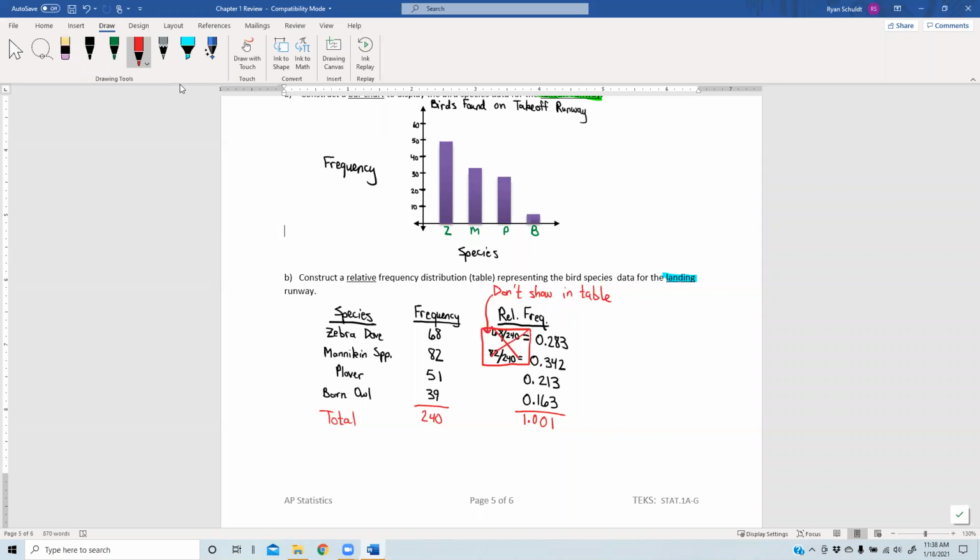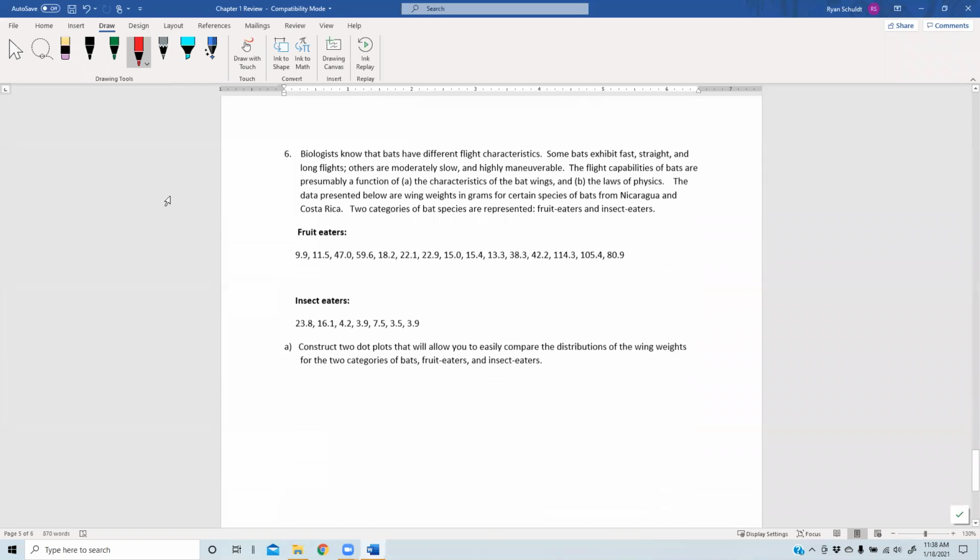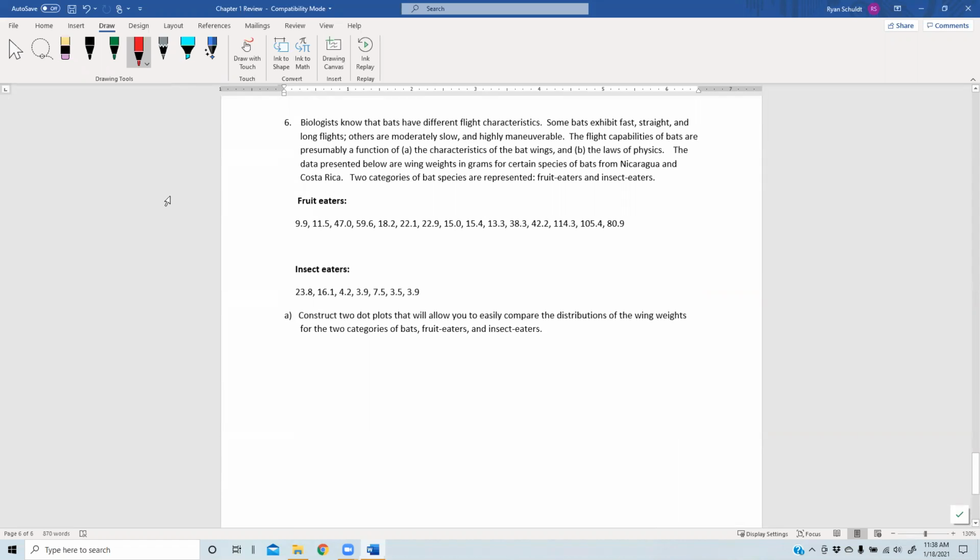Okay, last question. Biologists know that bats have different flight characteristics. Some bats exhibit fast, straight, and long flights. Others are moderately slow and highly maneuverable.